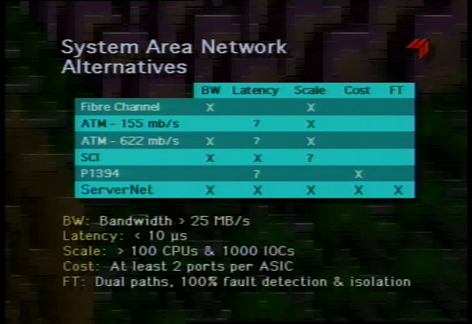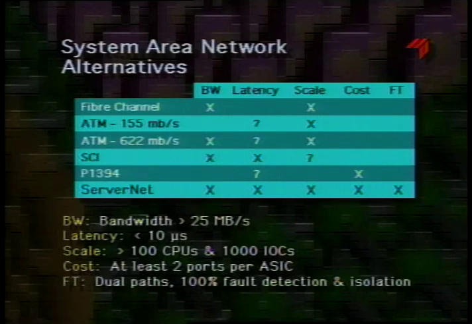I don't have time for a complete case study of every possible network that might be compared in this arena. There are a number of recent networks that have been proposed to do some of the features of system area networks, including the Myricom MyriNet network and proprietary networks at Pyramid, Cray, IBM, and others. There are quite a number of other alternatives, but this comparison should give you a flavor of some of the important criteria for choosing a network for use as a system area network.